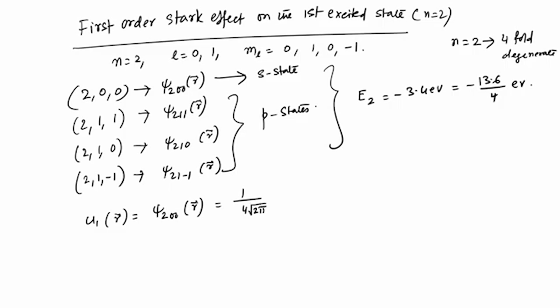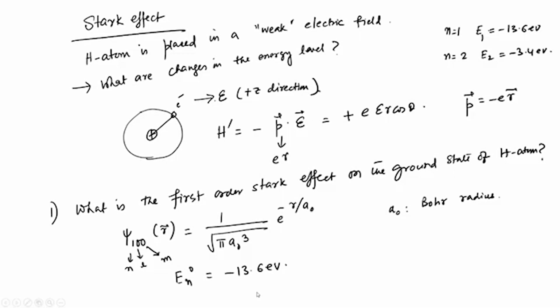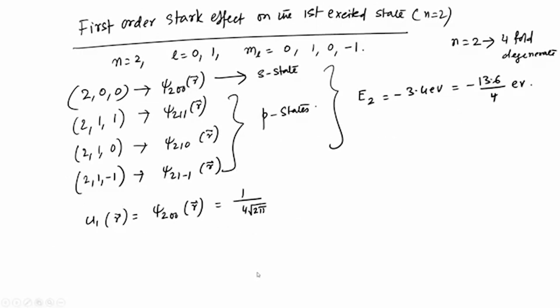We have shown them by plots and sometimes have even written them down, but there is no need to remember them, except maybe the ground state, which we have just shown here, which is 1 by root over pi a0 cube exponential minus r by a0. The others will most likely be supplied.